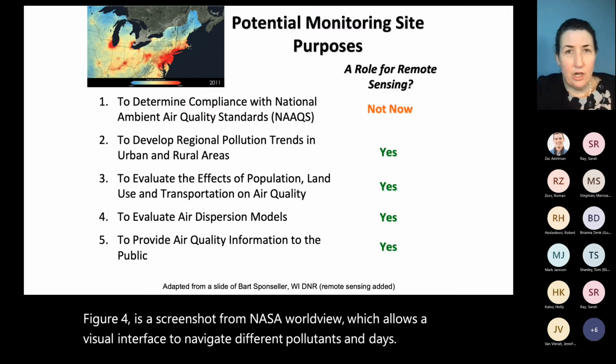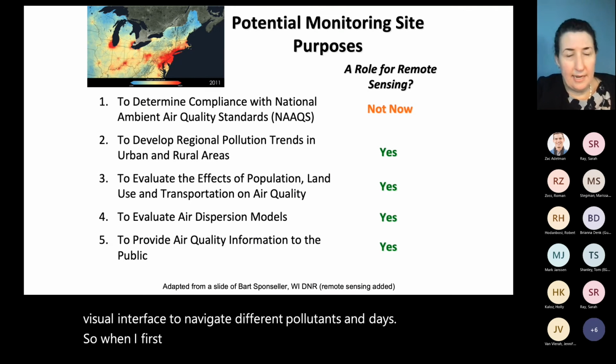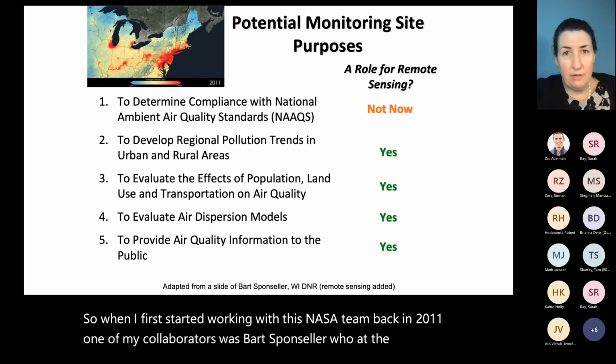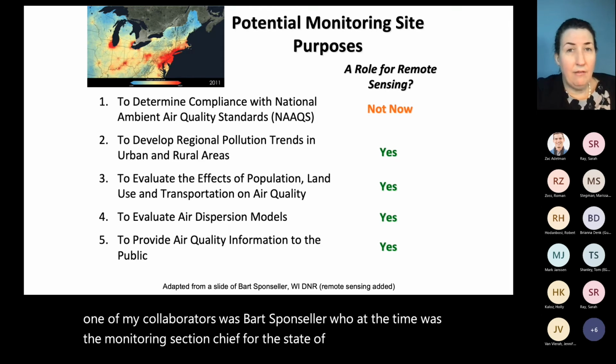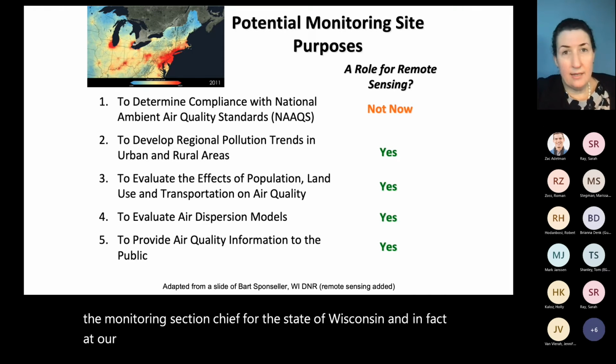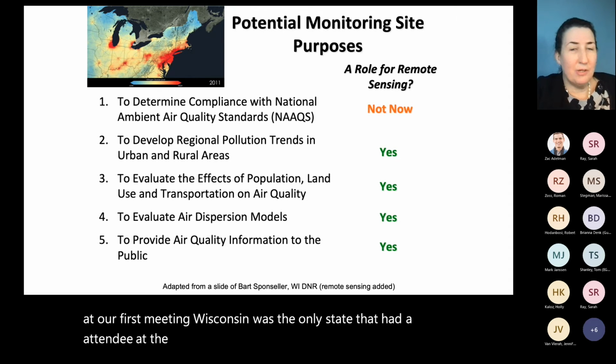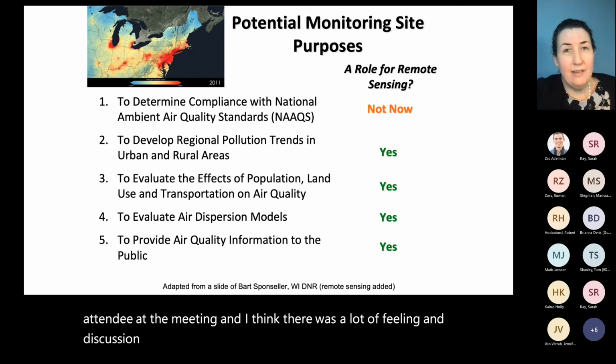So when I first started working with this NASA team back in 2011, one of my collaborators was Bart Sponseller, who at the time was the monitoring section chief for the state of Wisconsin. And in fact, at our first meeting, Wisconsin was the only state that had an attendee at the meeting. And I think there was a lot of feeling and discussion about how state air quality managers were an audience that we needed to connect with more.